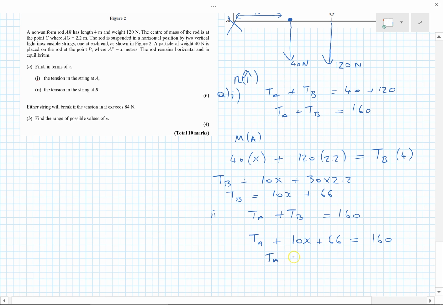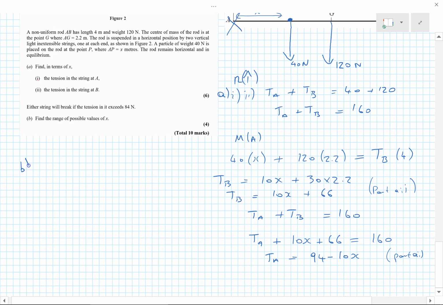So taking those over to the other side, TA is equal to 94 minus 10x. I have just noticed whilst I was writing this that I've got my answers to parts 1 and 2 the other way around. It really doesn't matter that I've written it the wrong way around. So that's 2A, 1 and 2 for the whole bit. That's fine. You could label them A1 and A2, just in case, but the examiner will be perfectly capable of figuring that out.